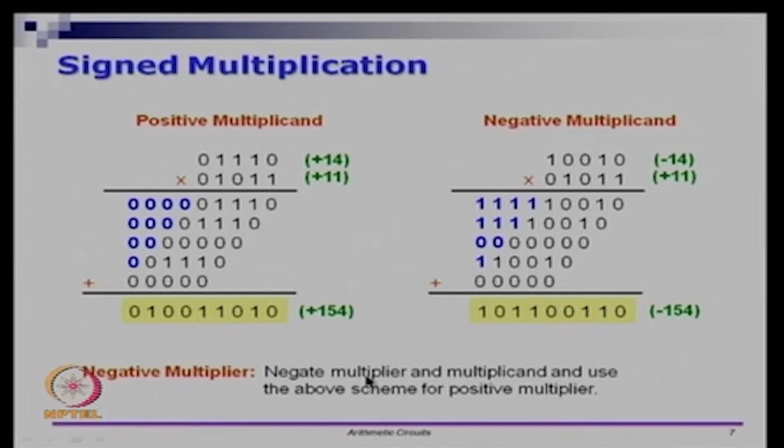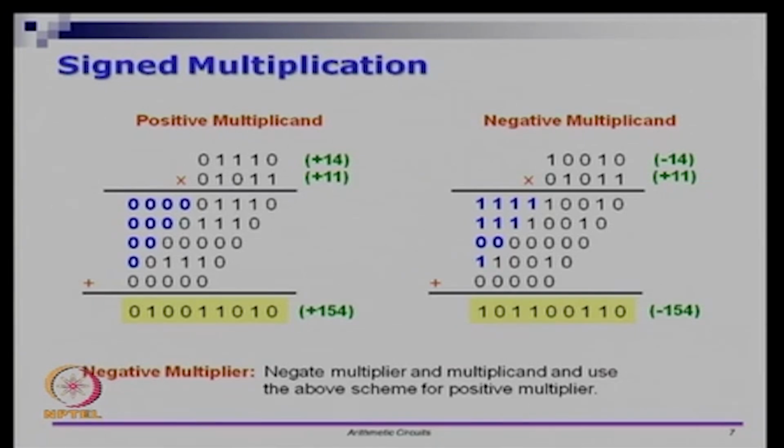You negate the multiplier and also the multiplicand, you negate both of them and use the same scheme. If I want a times minus b, where b is a positive number, instead do it as minus a times b. Now, minus a could be positive or negative, and for minus a you could use either this or this circuit.